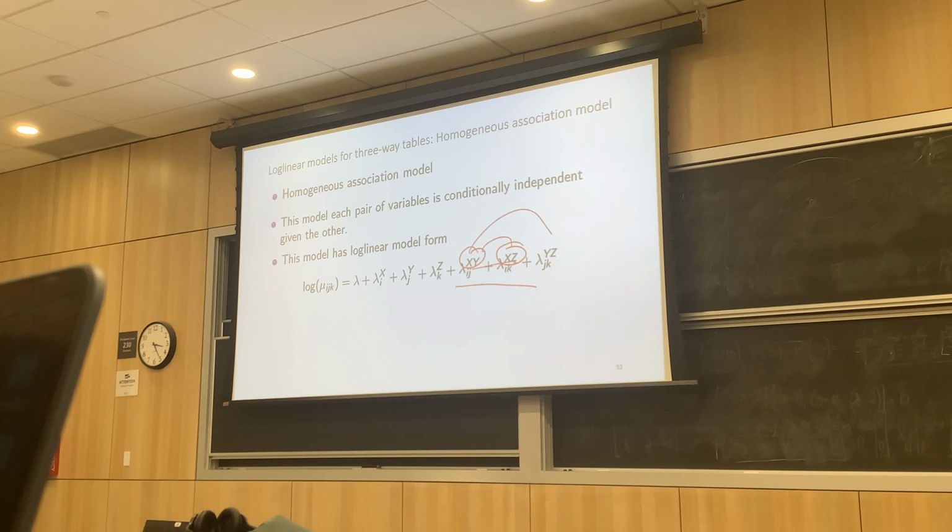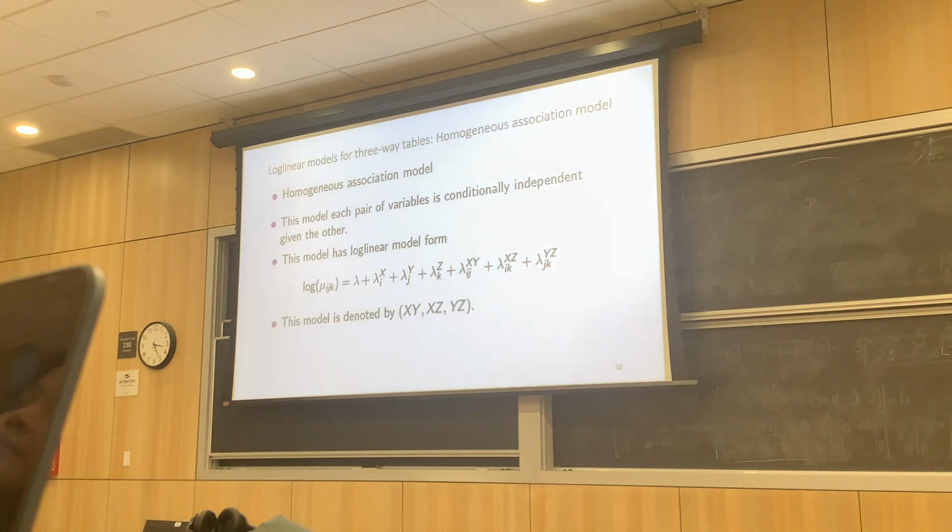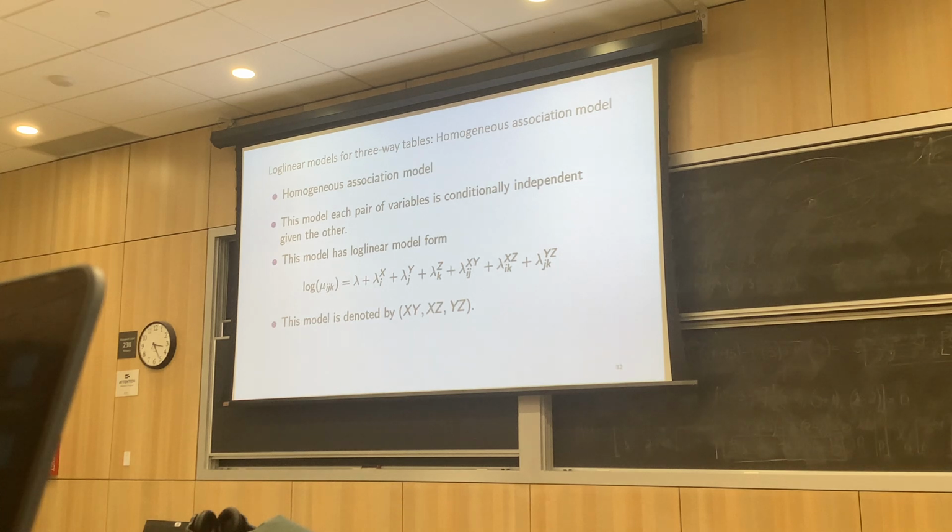And if you look at these two, you see that X is independent given Y, because Y is repeating, and these two, X and Y, are conditionally independent given Z. So that's what you call homogeneous association. That means any two variables are conditionally independent given the other. We write it like this, and you see that each variable is in two of them.